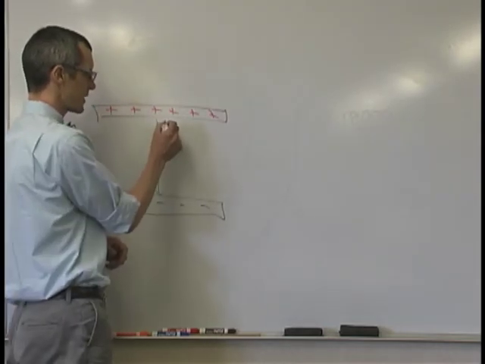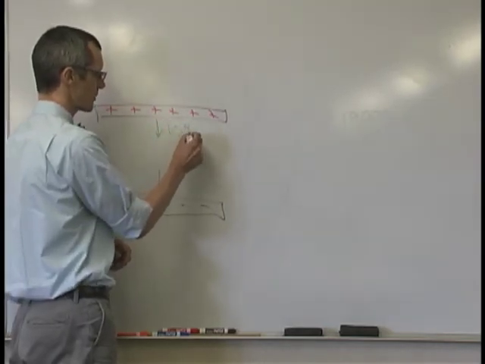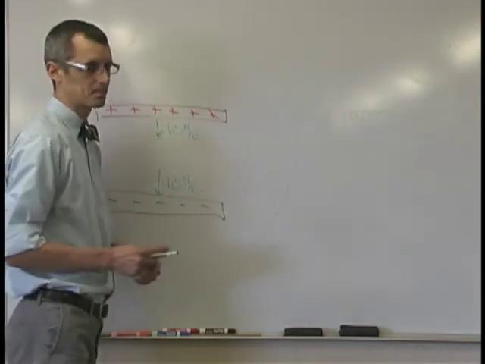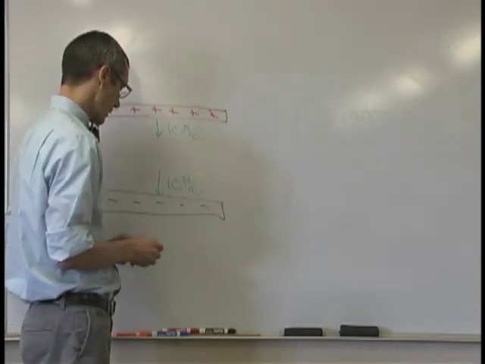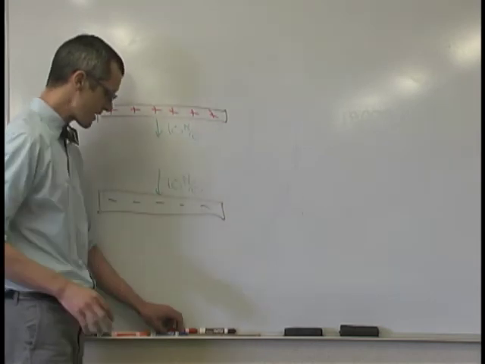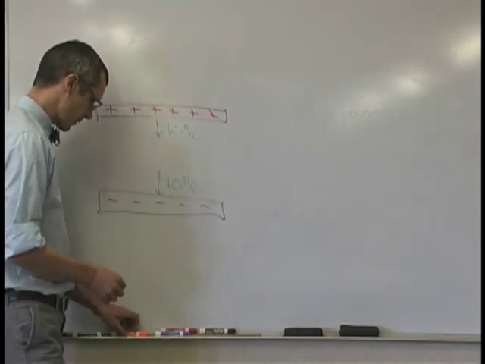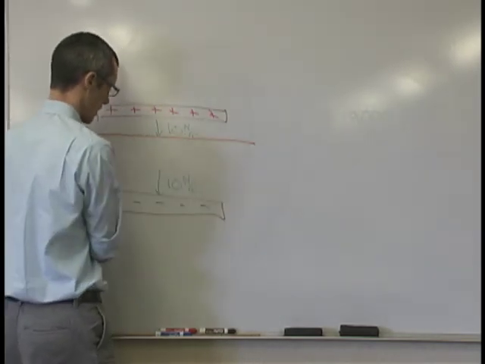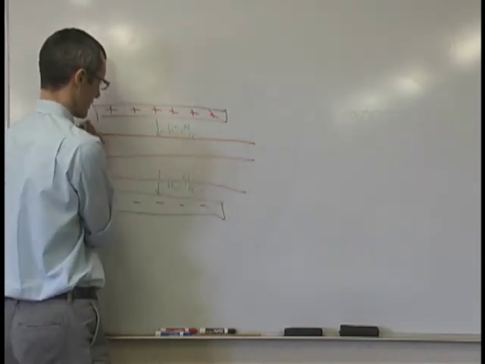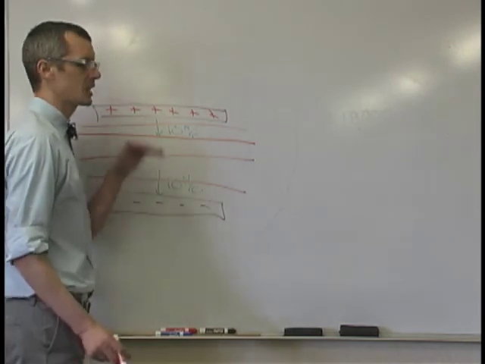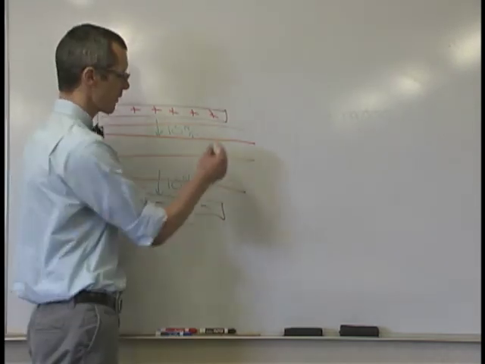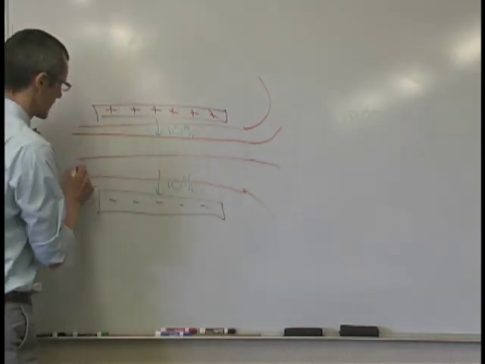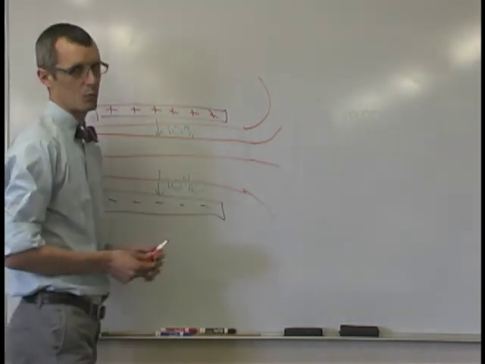So if this electric field here were 10 newtons per coulomb, this one down here would also be 10 newtons per coulomb. In addition, because I have such an even electric field here, the equipotential lines are straight and evenly spaced in between these two plates. Once we get out here to the edge, they fringe off and do crazy things, and we'll just ignore that part.